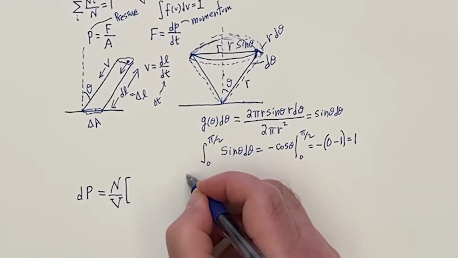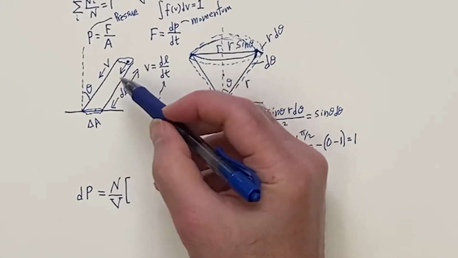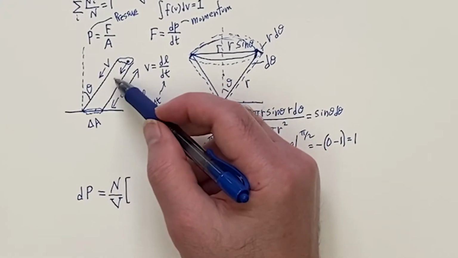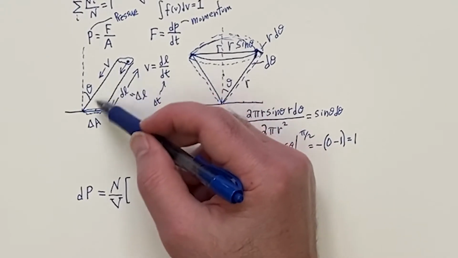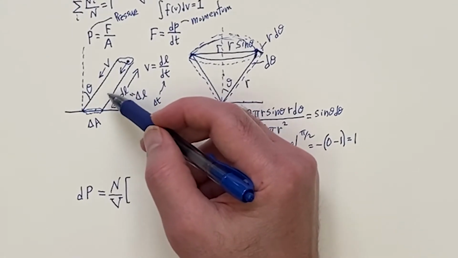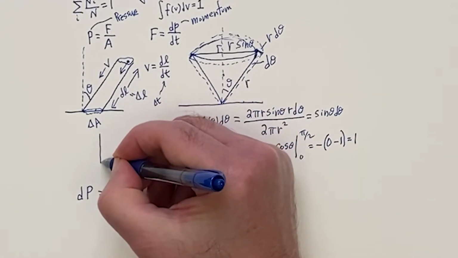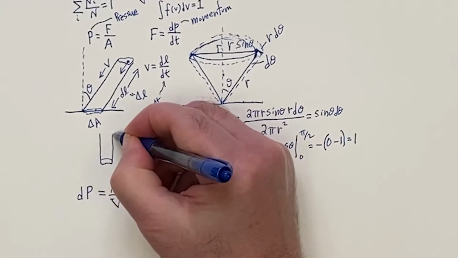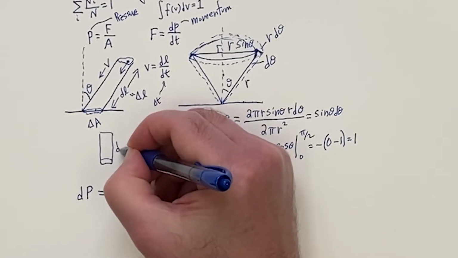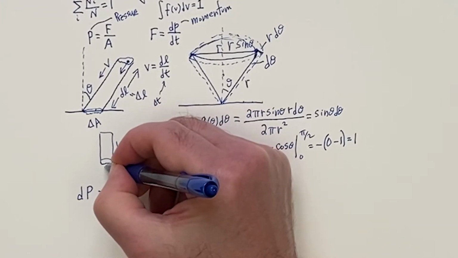And I need to multiply by the volume of this, since I'm only looking at this element. Well, if it were straight down like this, the volume would simply be the dl times the delta area.